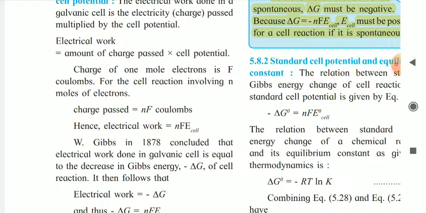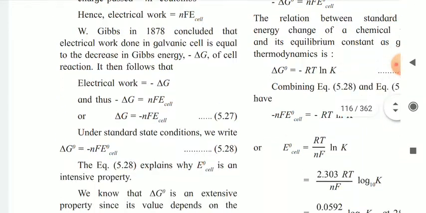Now the charge of 1 mole of electrons is F coulombs. For the cell reaction involving n moles of electrons, that is nF coulombs, and hence the electrical work is n E cell, and in place of E cell you can also use a simple E, so nEF. This is the electrical work.